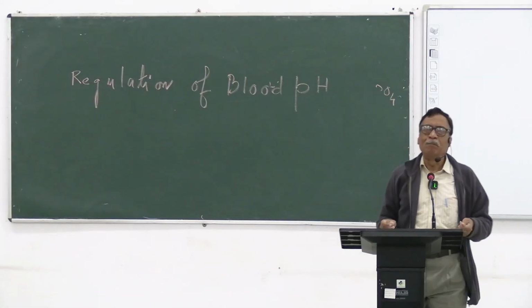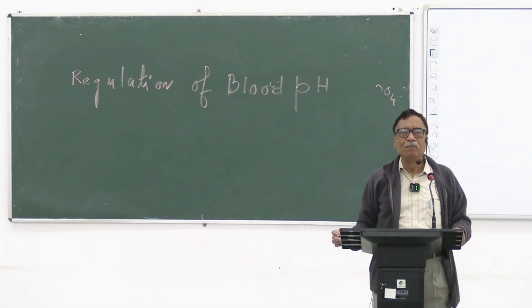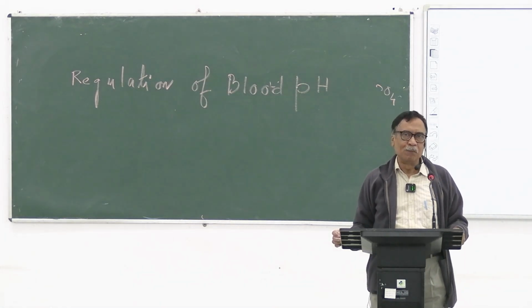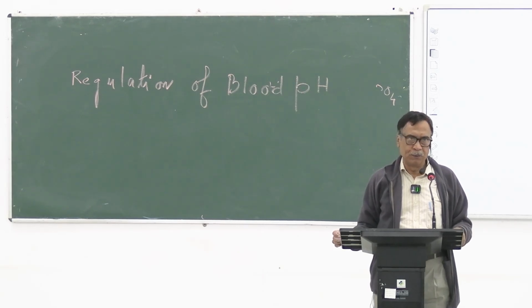What is the mechanism by which the pH of the blood is maintained in the range of 7.35 to 7.45 and on average 7.4?